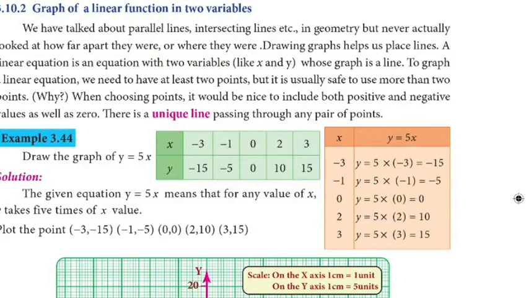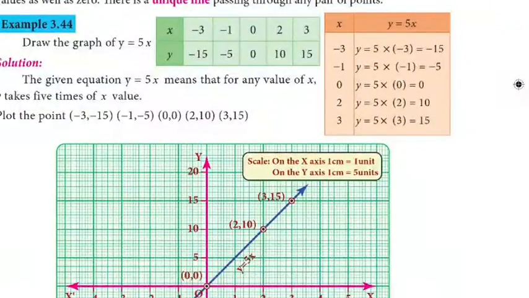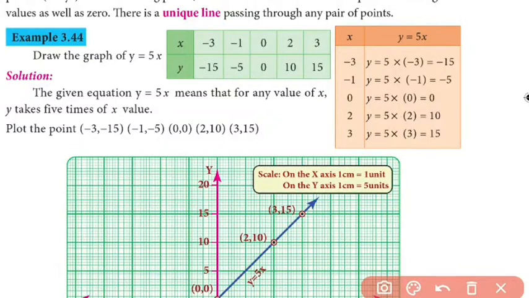Let's draw the graph y equal to 5x. I already told you here they gave different values, but you can take x values minus 2, minus 1, 0, 1, 2.